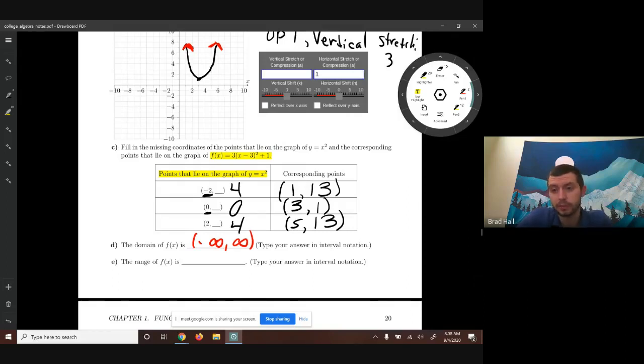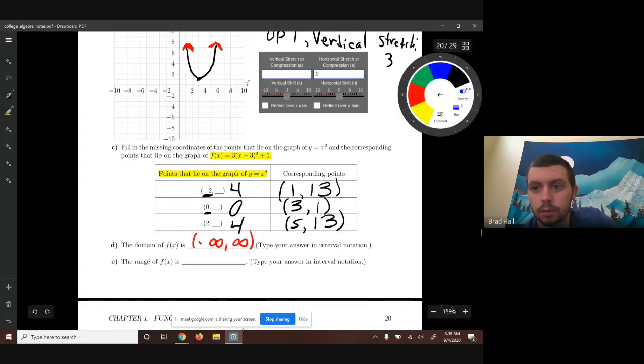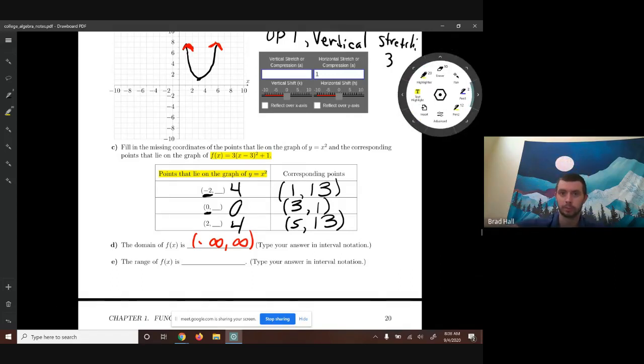The range will be, well, not all real numbers, because with the range, it's the lowest point to the highest point. In the lowest point, we do not get an arrow, but instead we get this value right here. And since we're dealing with the range, what is that point right there? That point seems to be (3,1). So since we're dealing with the range, we want the y value.